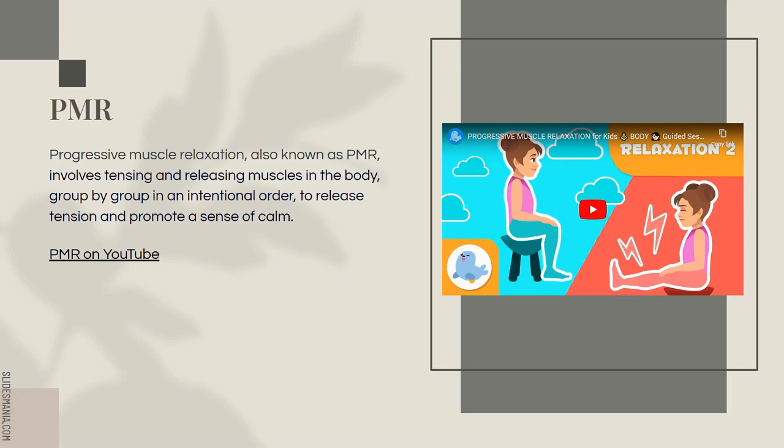YouTube has a lot of PMR resources for students, and it's really a simple technique where you sit straight, you visualize your body, close your eyes usually, and then you purposefully tense a single muscle, such as your back muscles or your shoulder muscles, and then you release that tension.